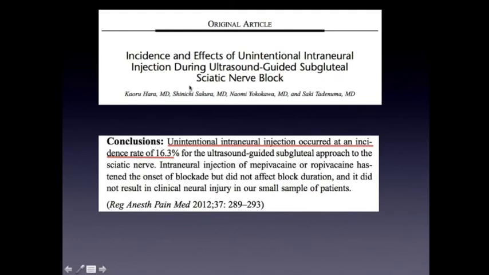Then, if we are performing deep blocks or proximal sciatic blocks, we should have a good reason to do this. Because if it is not for a hip procedure, there is no reason to choose a proximal approach over a distal, more superficial one, where we can easily depict the nerve and easily image the needle tip.